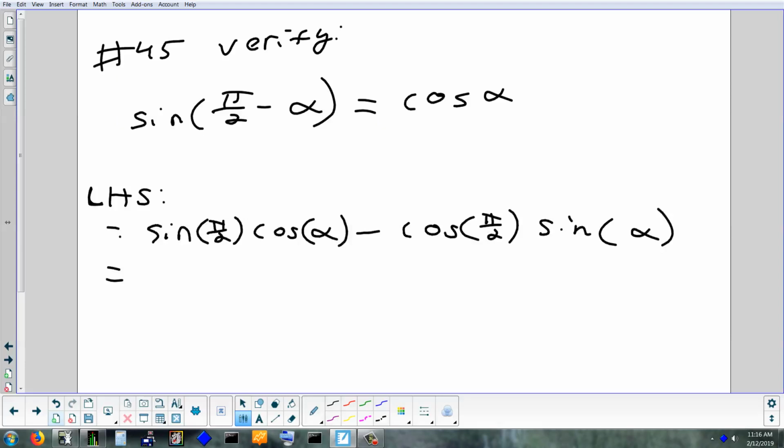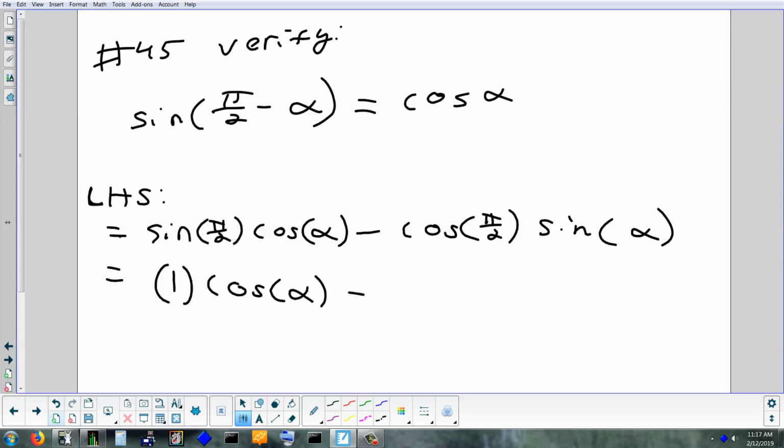Okay, at least if you got that, you'd get some points. Now the next step is to simplify anything that's numeric. So sine pi over 2, cosine pi over 2. What's the sine of pi over 2? If you want to think of it in degrees, it's the sine of 90. So it's 1. So 1 times cosine minus, and now the cosine of pi over 2, or cosine of 90, is how much?